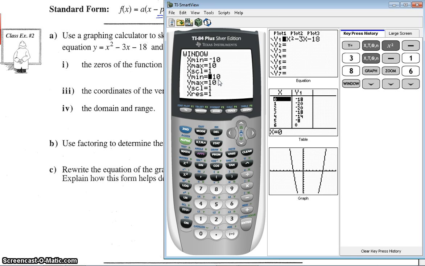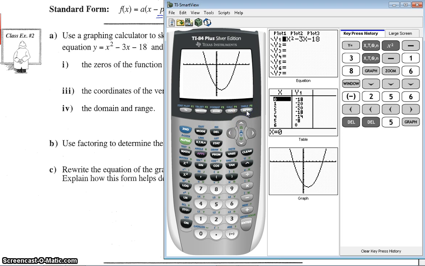Make sure you hit a negative sign, not the minus sign, otherwise it may not work. Let's go negative 25. That should work. Okay, let's hit graph. There we go. We can see the entire parabola.